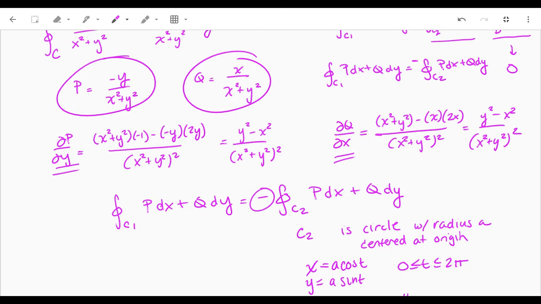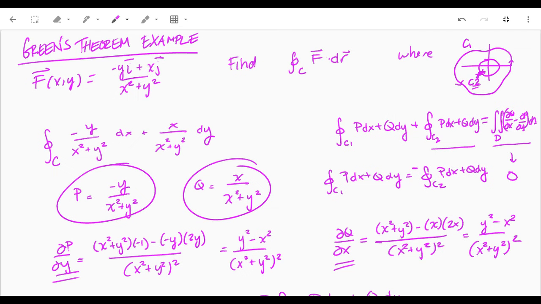Oh, I know why. Okay, I'm going to go back. I know what I did wrong. So I switched this. I kept this so that it was positively oriented, but then that means I'm going the opposite of the unit circle. So it wouldn't be from 0 to 2 pi. It's from 2 pi to 0.